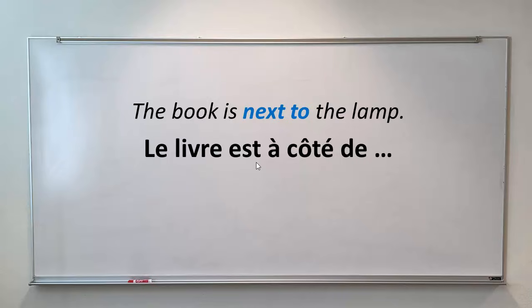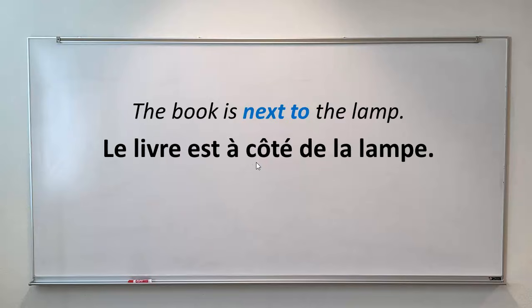How do you say the lamp in French? Voilà, la lampe. So here we have a very nice, very beautiful, complete sentence in French. The book is next to the lamp. Le livre est à côté de la lampe. So à côté de is very useful when you want to say one thing is next to the other.